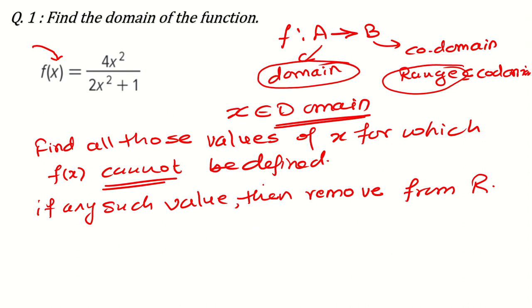The remaining set will be the domain. Now, when I say values of x for which f(x) cannot be defined, it means there must be some types of functions which will create problems. That I will also explain to you.